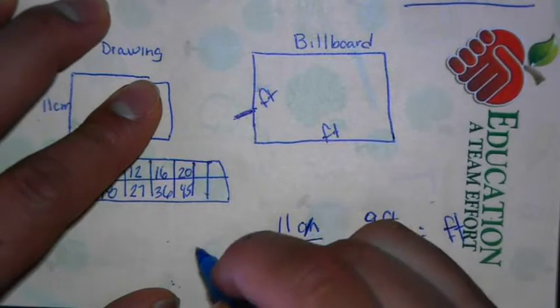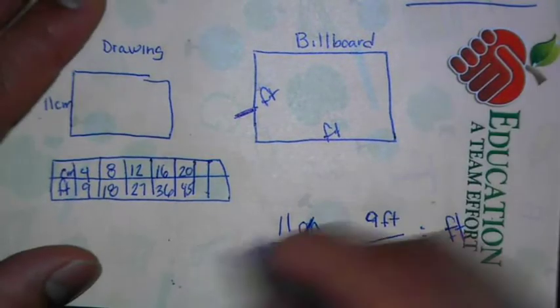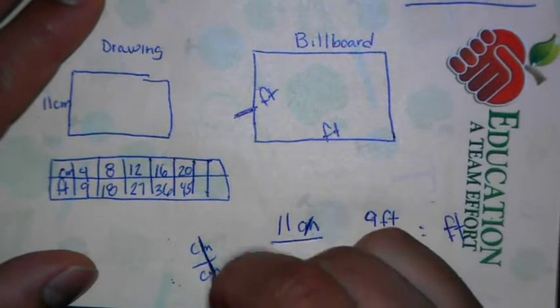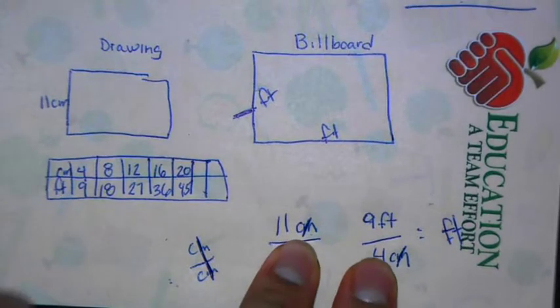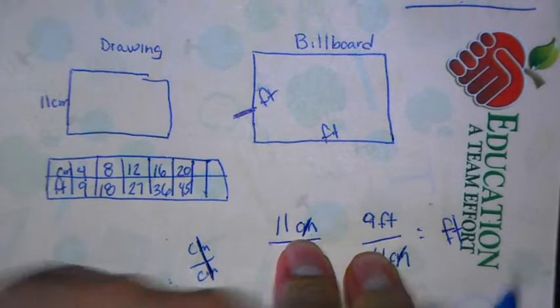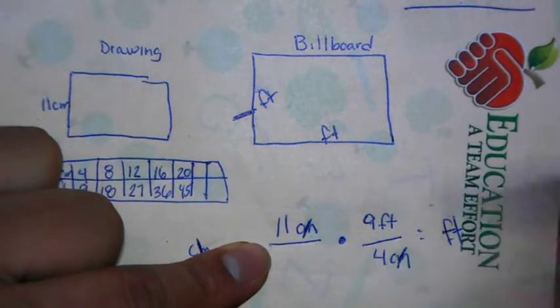And it's kind of like when you think about, what's the answer when you have 2 over 2 or 3 over 3? Your answer always equals 1, right? In this case, when you have centimeter over centimeter, that is equal to 1 as well. So it doesn't disappear, but you don't have to write it in there anymore. Okay? So if I'm going to multiply these, forgot the multiplication symbol.